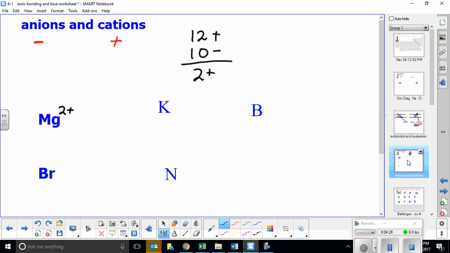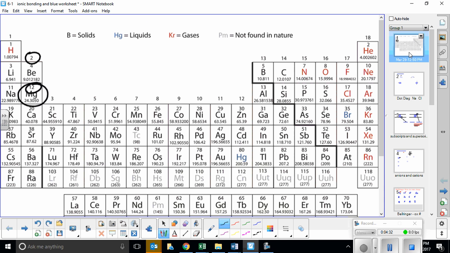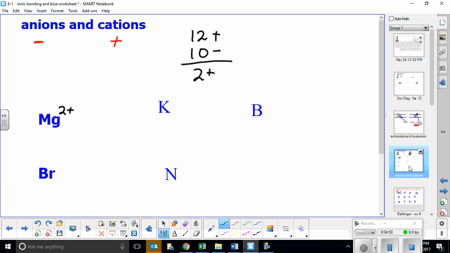If we look now at bromine, go back up to our periodic table, and we find bromine is over here. It's in group 17, so it has 7 valence electrons in that outer energy level. Remember, the magic number it wants to get to is 8. So the first shell is full with 2, the second and third shells are full with 8, so we have 2, 8, 8. It wants to get to 8.